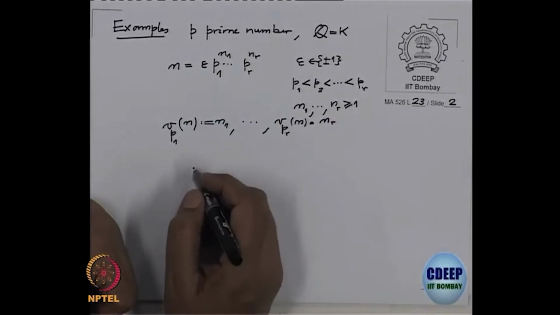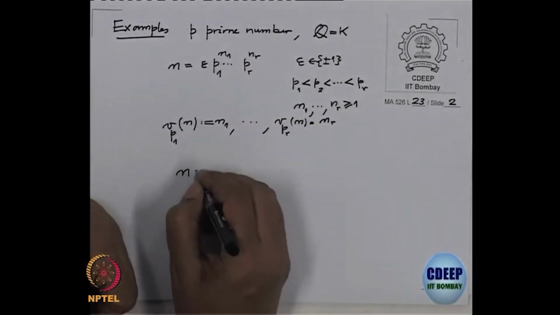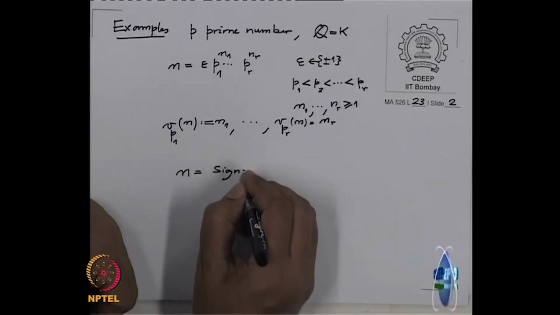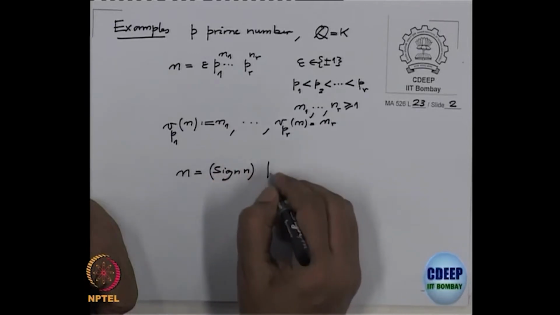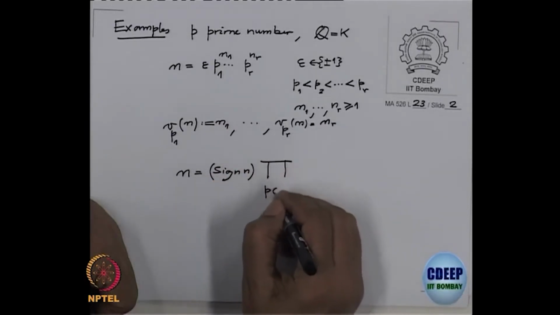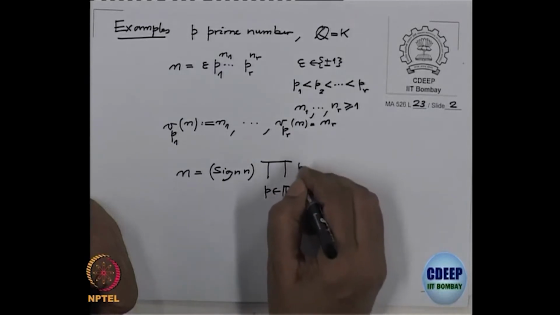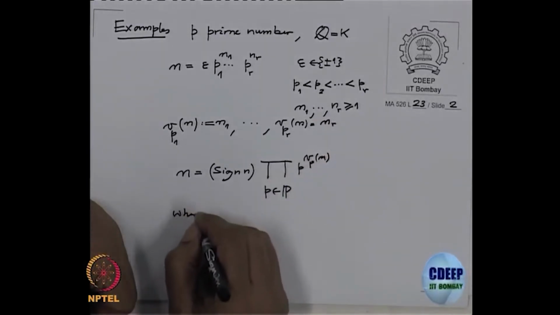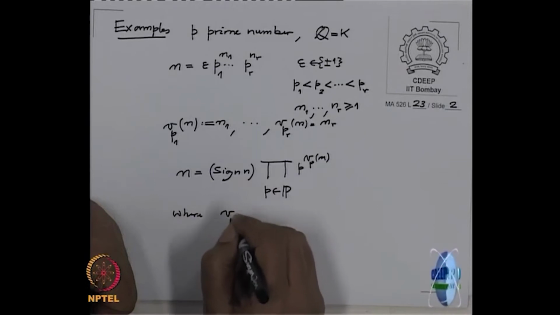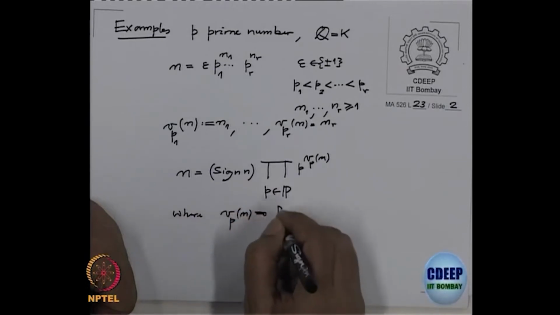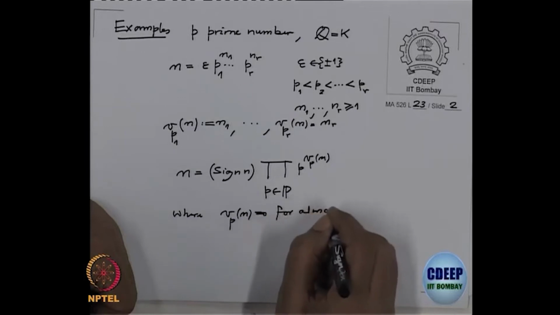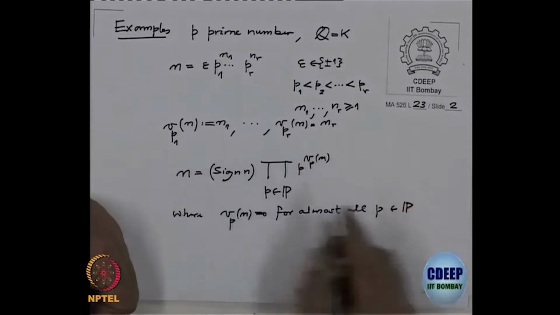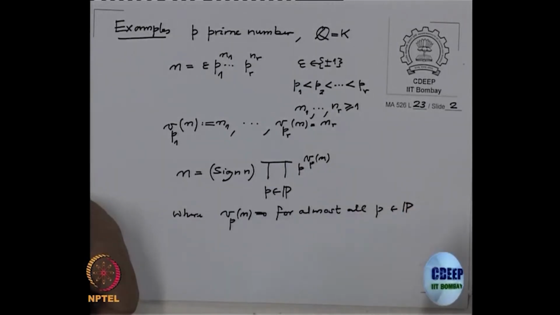So, in general we can write any integer n in a compact way as sign of n times the product running over primes P of P to the power Vp of n, where Vp of n is 0 for almost all P. Only finitely many Vp of n are non-zero.